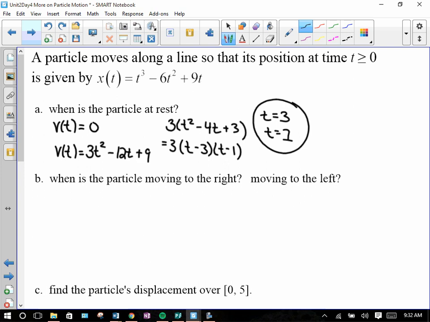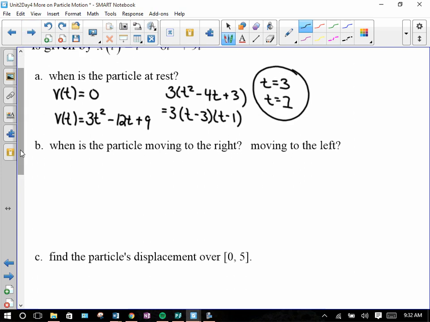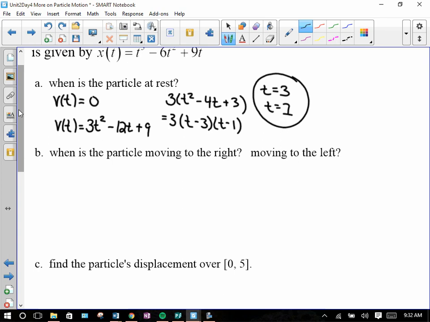So now it asks, when is the particle moving to the right? Moving to the left? Do you remember what the relationship is between velocity and moving to the right, left, and stuff like that? So if the particle is moving to the right, what does that tell us about the velocity?